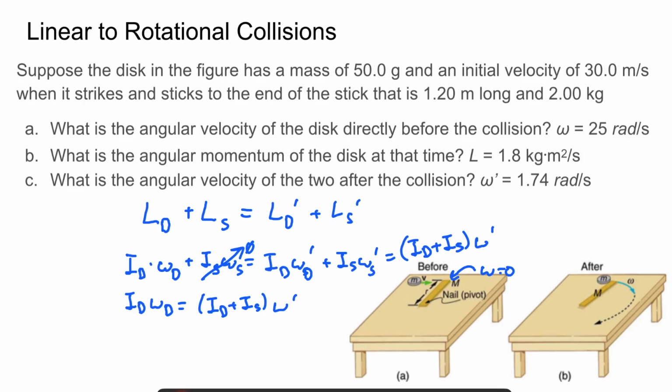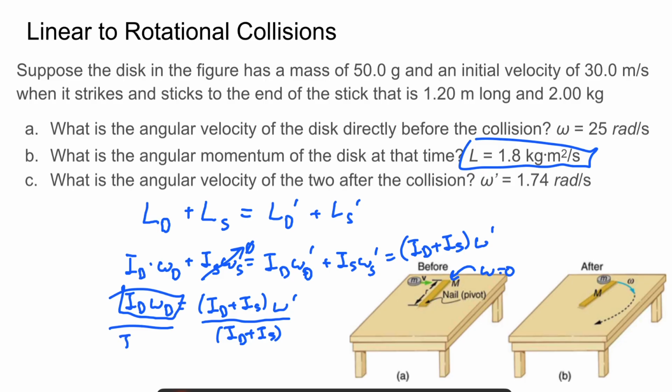And the good news is we already have a term for this. We know that it is equal to 1.8 kilogram meters squared per second. And so if we divide that by our two moments of inertia added together, and do the same on the other side, we end up with our final angular velocity equaling the angular momentum for the disk divided by the moment of inertia for the disk plus the moment of inertia for the stick.